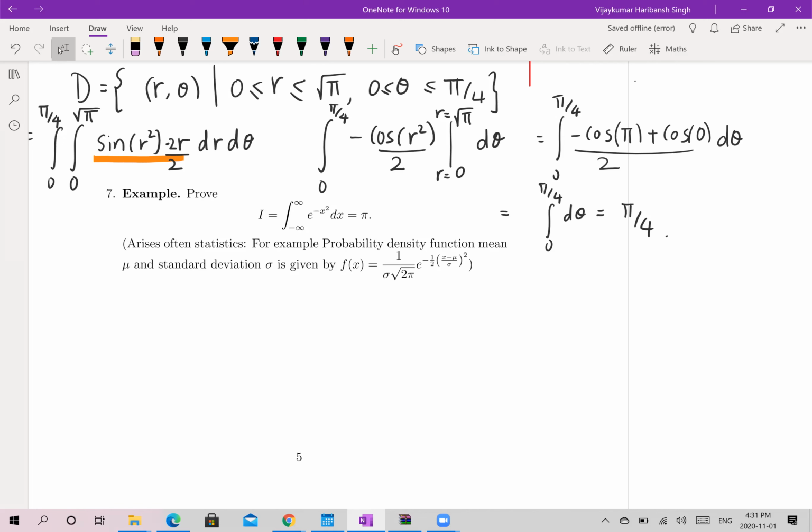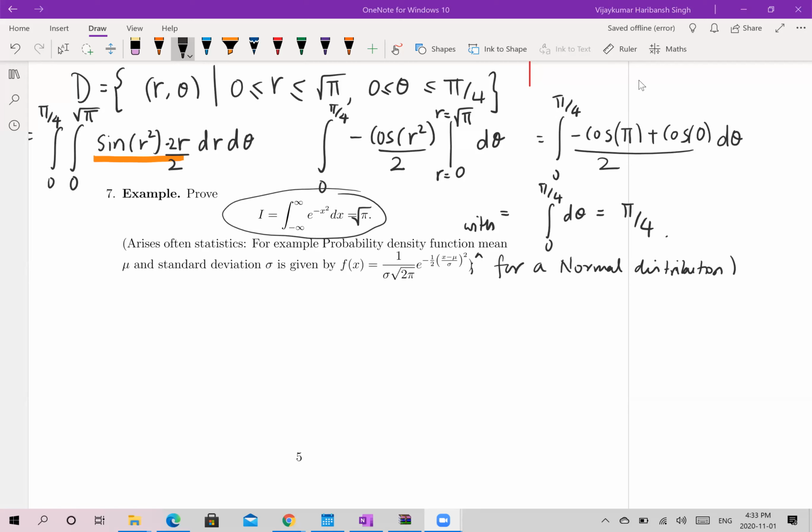For example, a probability density function for a normal distribution with mean mu and standard deviation sigma is given by this. So you can see already that integrating this density function is important for us, and this is the integral we get. So let's prove this.